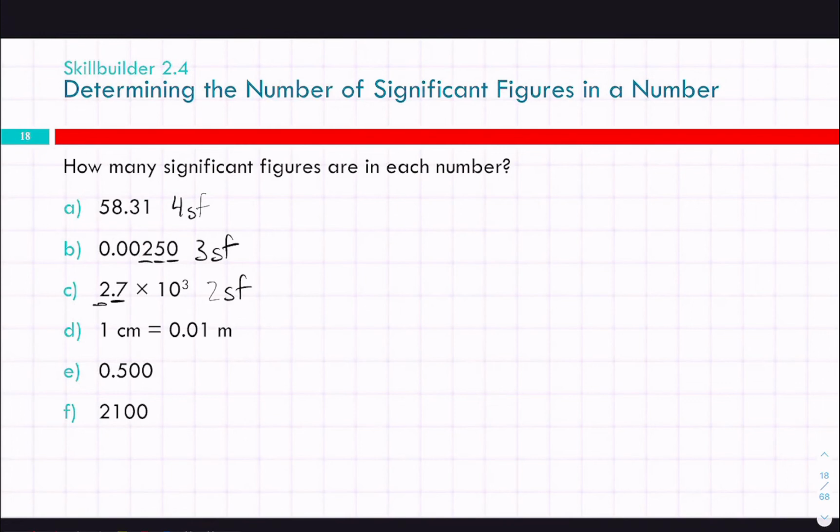All right, this next one's a little trickier. How many significant figures in either of those numbers? It's not 1. 0. So we haven't talked about metric units yet, right? This is a centimeter. And this is saying a centimeter equals 0.01 meters. And this is a defined quantity. So that is the exact definition of what a centimeter is in relation to a meter. So it's unlimited.